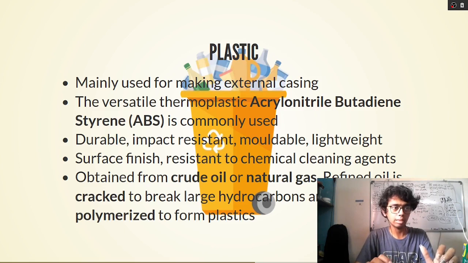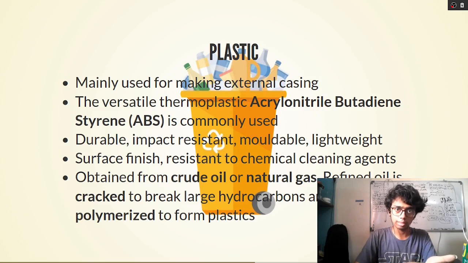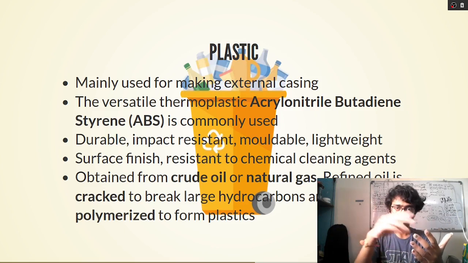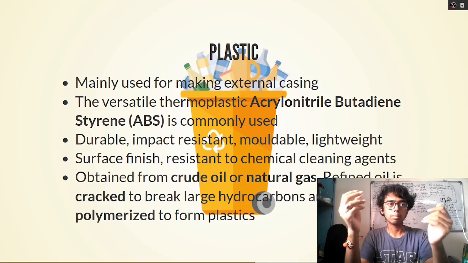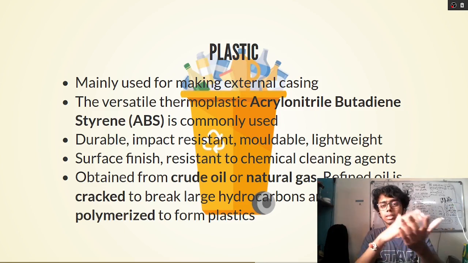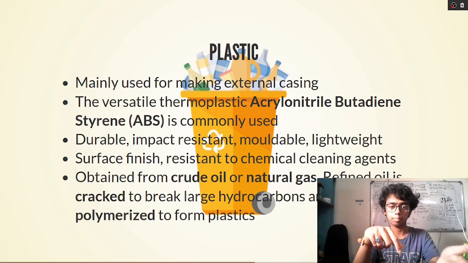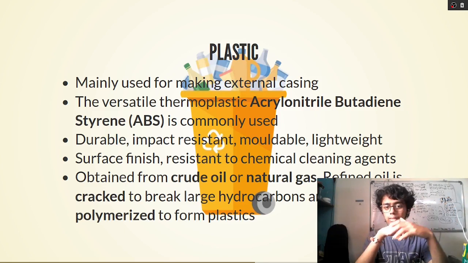That is to say, the organic hydrocarbon compounds present in the refined oil are broken down into smaller hydrocarbons, and then they are polymerized, which means that they are joined together again to form long polymers of plastic.